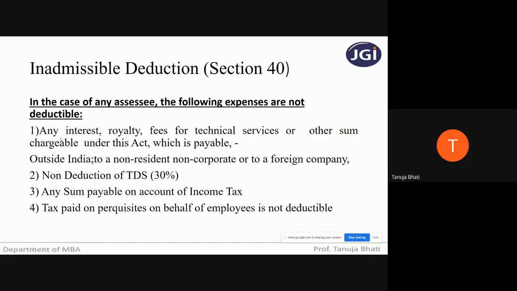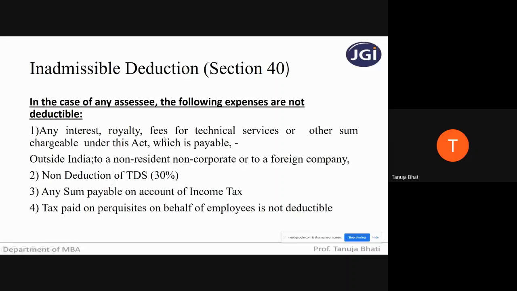The first one is any interest, royalty, fees for technical services or any other sum chargeable under this Act, which is payable outside India, or payable in India to a non-resident, non-corporate, or to a foreign company. What do you understand by this?